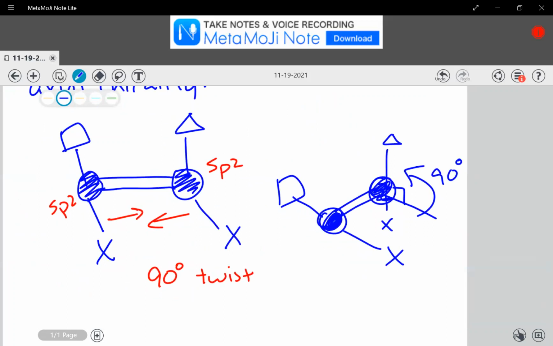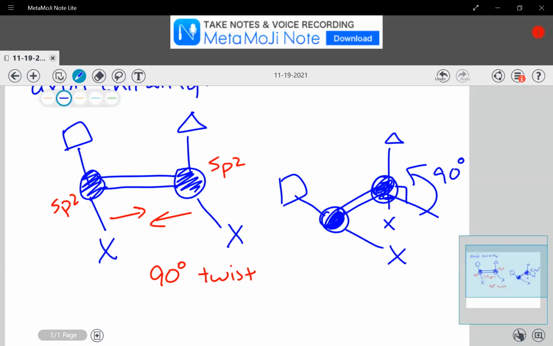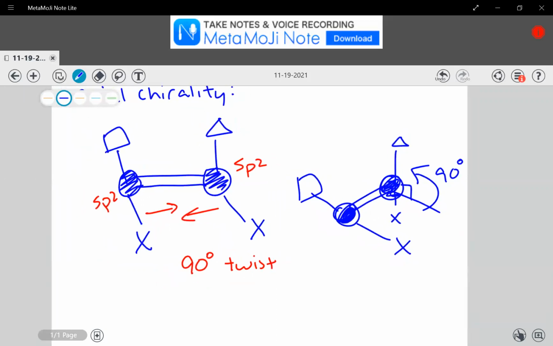Now they're like this. There's no more big tension between them. They can pass by each other. Everything is okay. Peace is restored. And because of this twist right here, the molecules end up being chiral, and that's what creates a chiral axis.